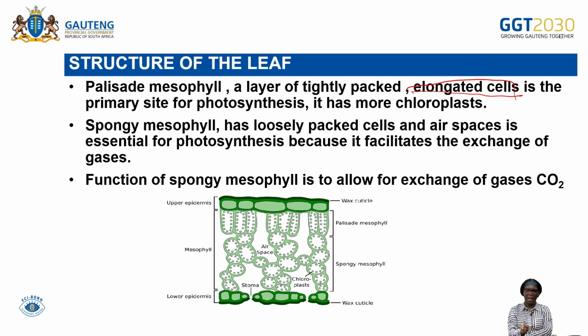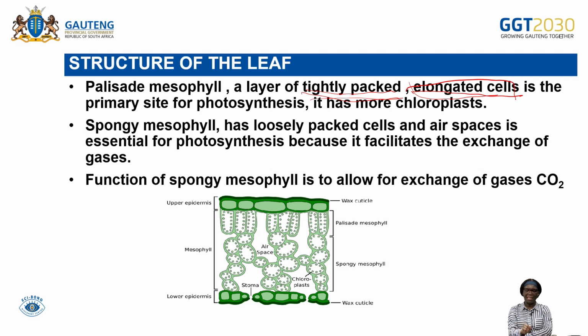Palisade mesophyll is tightly packed, with elongated cells for increasing surface area.